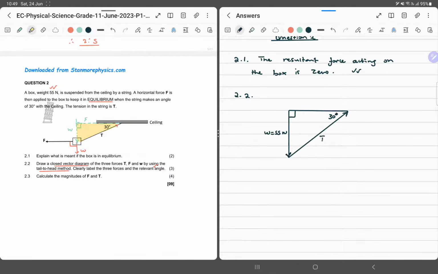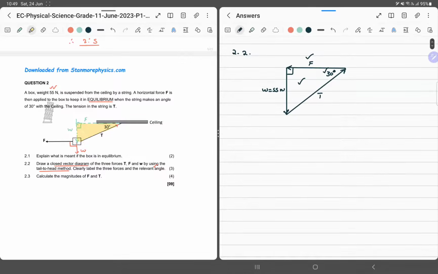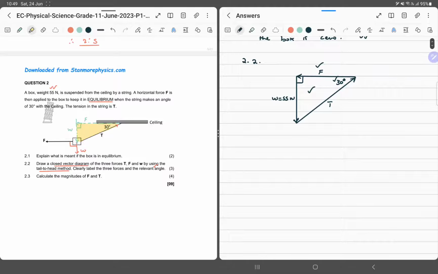So that is the tension, capital letter T, and the force was headed in that direction. So that is the force F. So we are done. We've shown a relevant angle, we have labeled the forces acting and the entire structure, the way it looks. So that's how we score those 3 marks. Okay, easy.